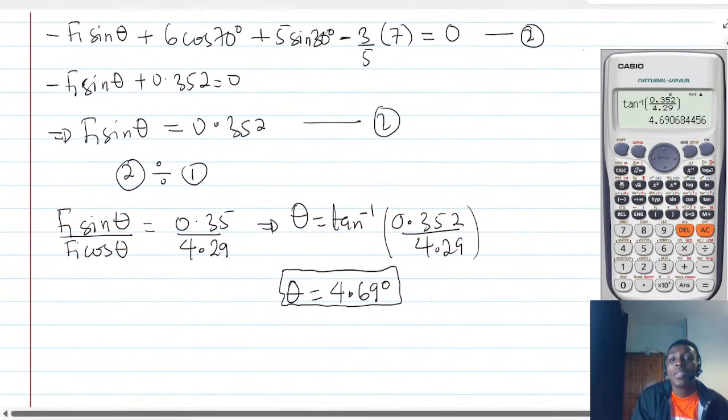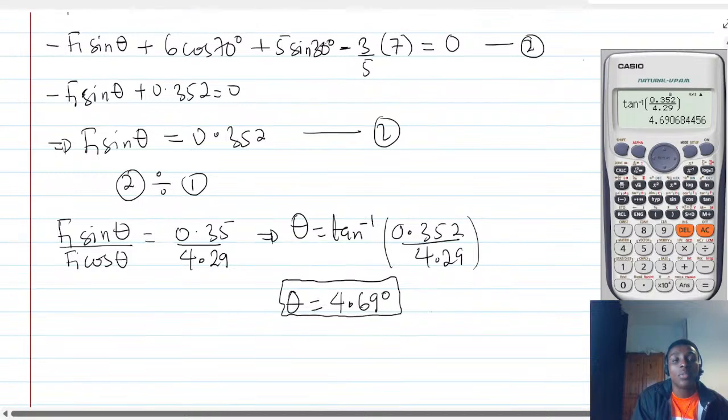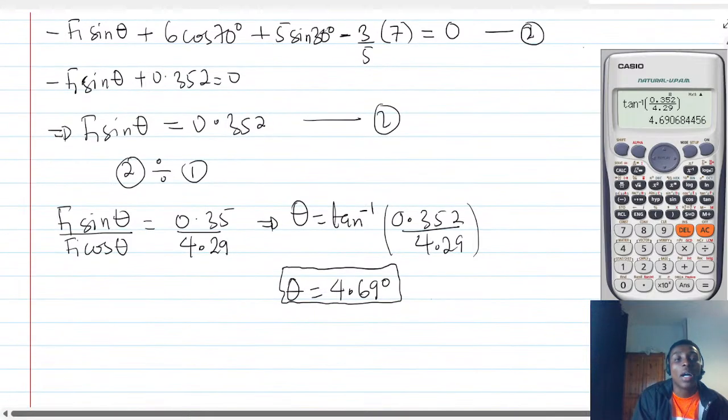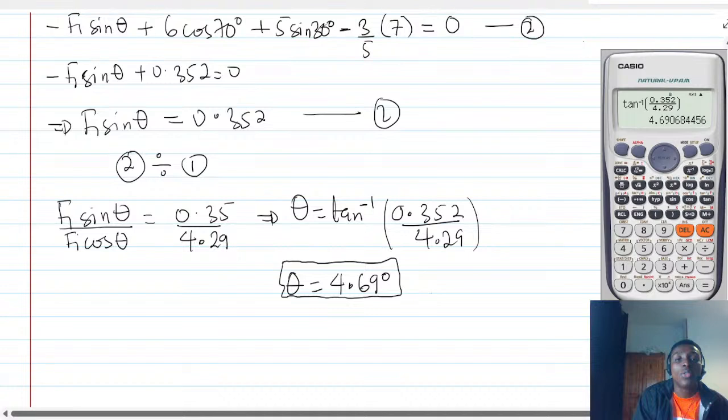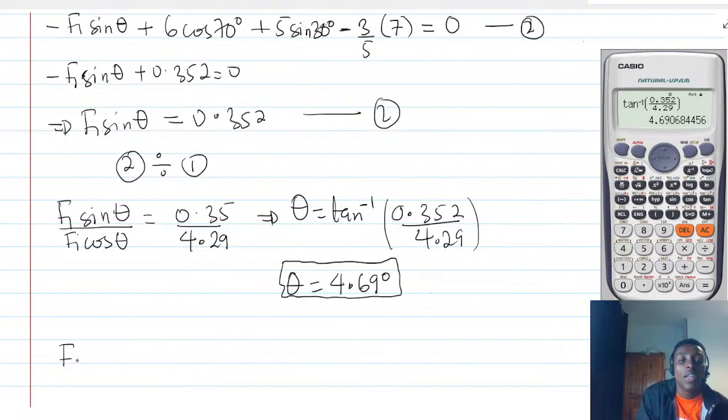Now getting 4.69 as an angle, you can go back into the equation and put it inside, either cosine or sine.